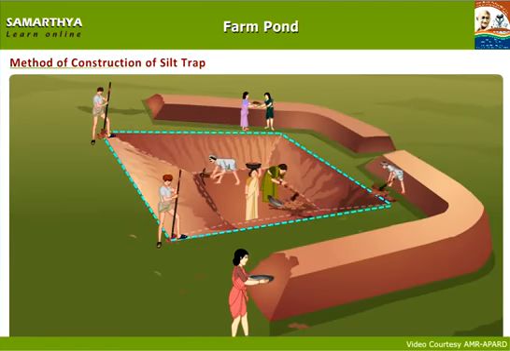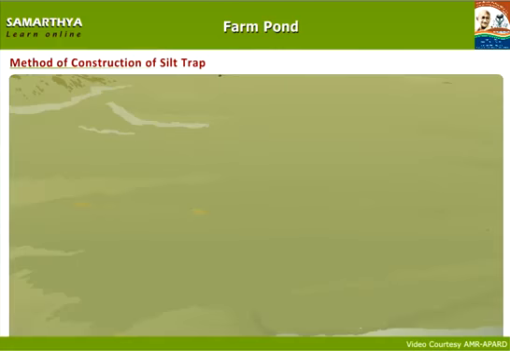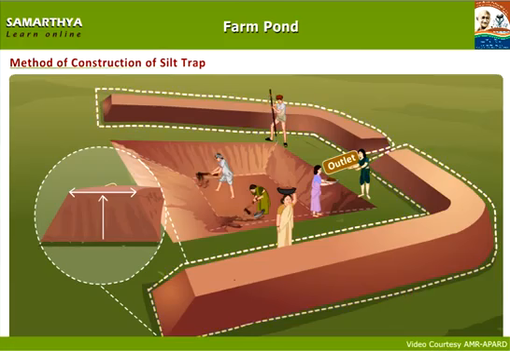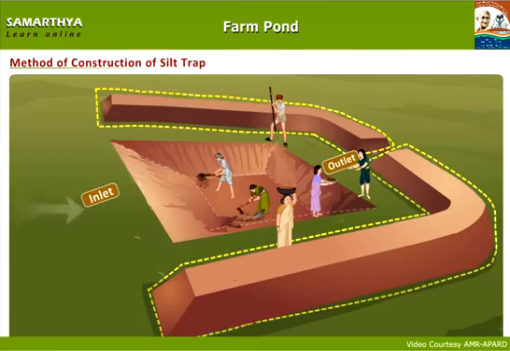Using a crowbar, the wall has to be trimmed on all 4 sides. The dug-out soil should be poured in order with the same height and width along the sides of the pound, leaving the inlet and the outlet side of the pound.